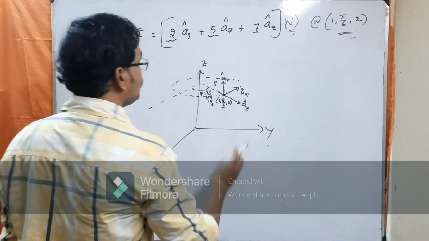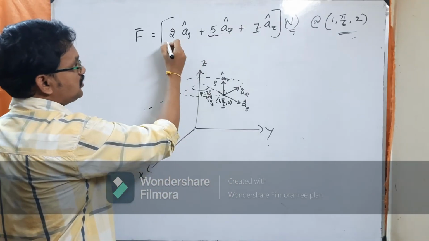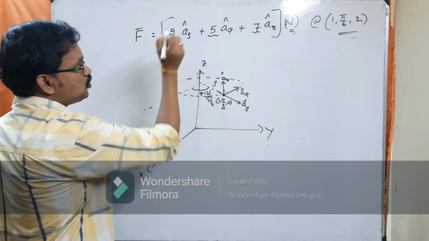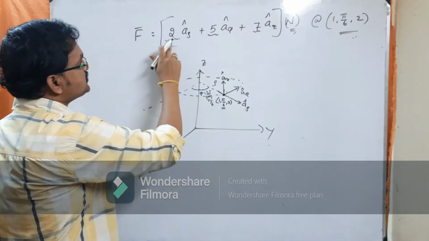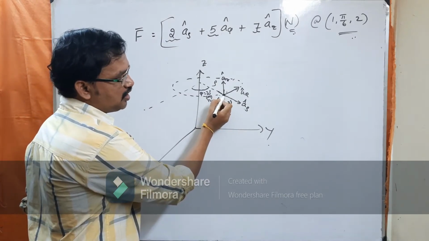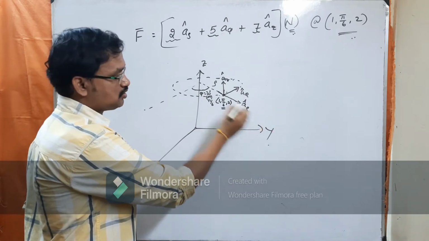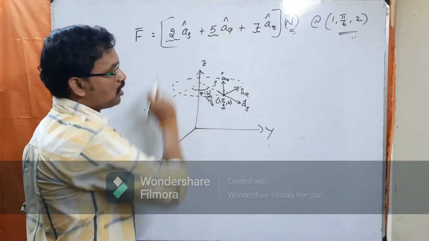Now at this point you are representing a force vector which has 2 units along the rho direction. So at this point you have to move along the rho direction by 2 units, and that is going to give you the rho component.